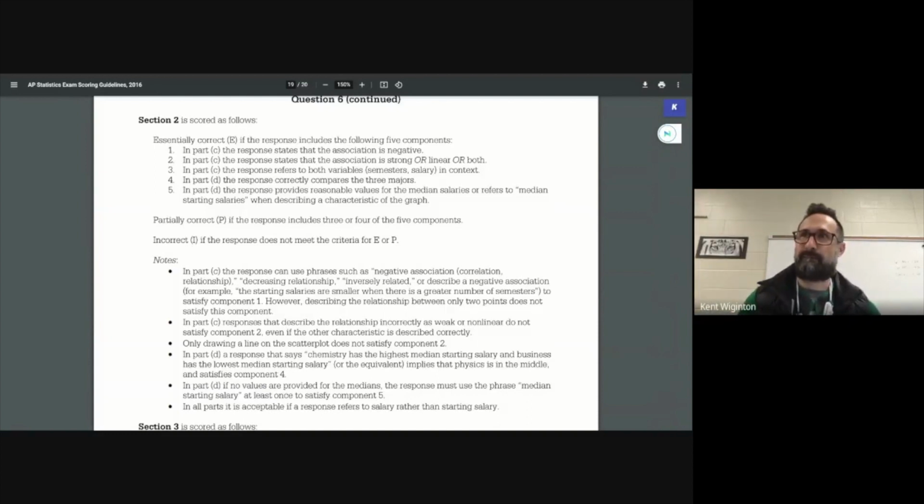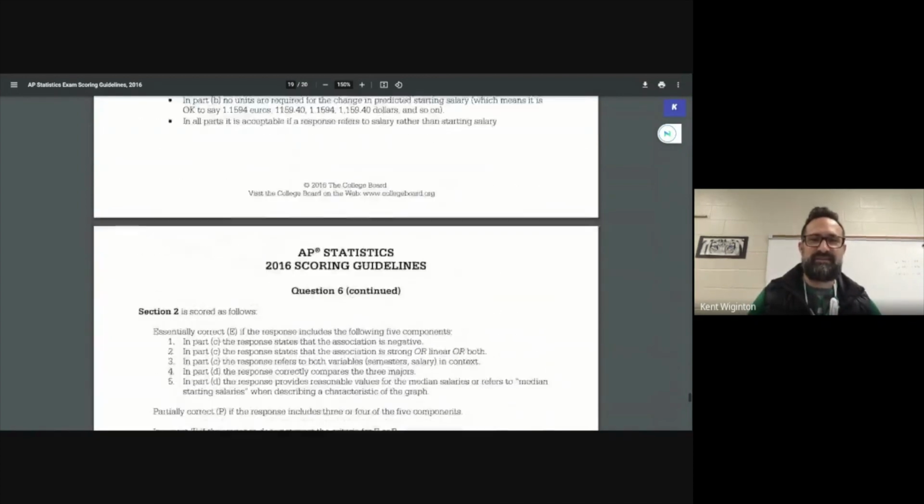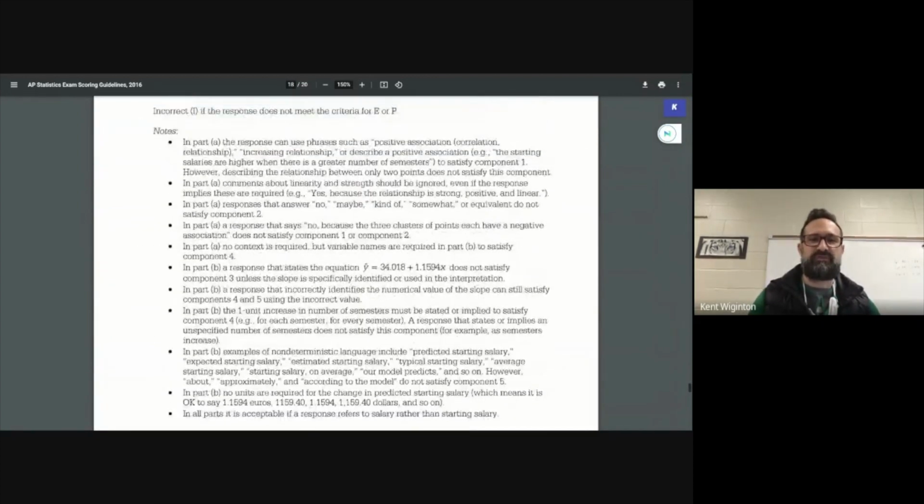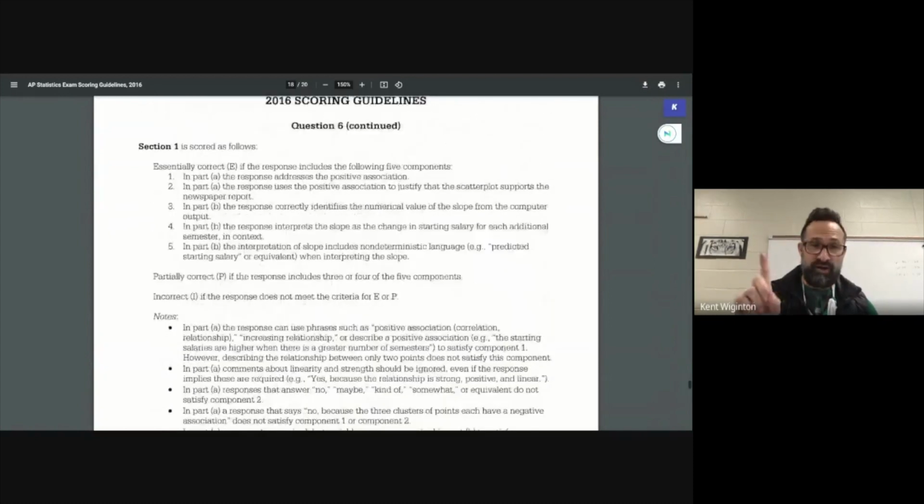Why do we have to do all 3? It was not required. Oh, well, let me back up. On part 1, which was part A and B, if you gave all 5 components that I described, you get a full mark, an E for that piece.